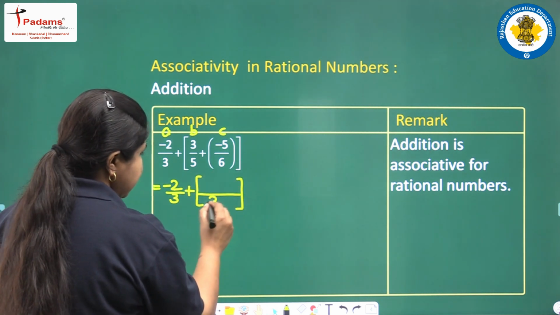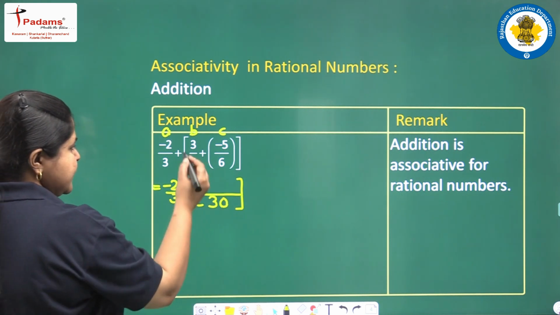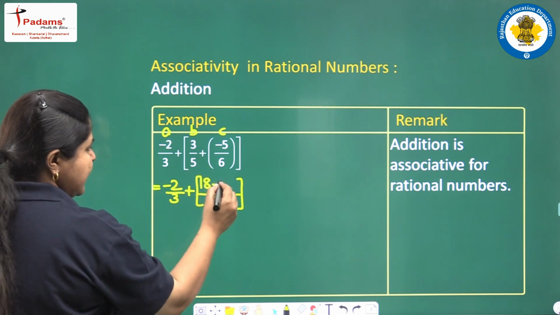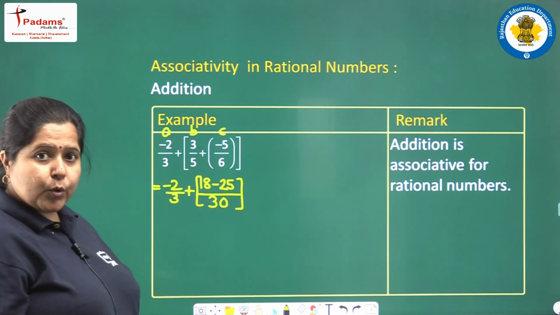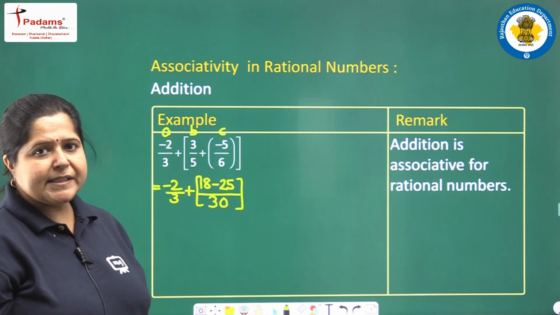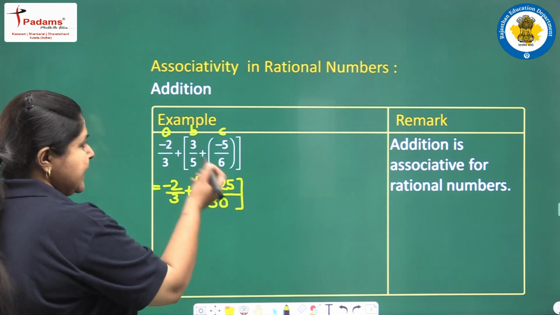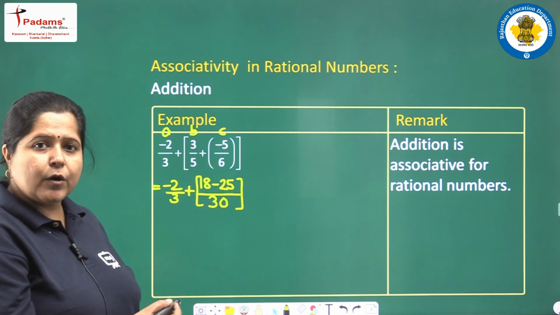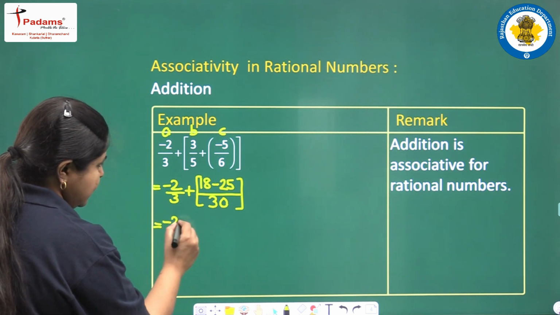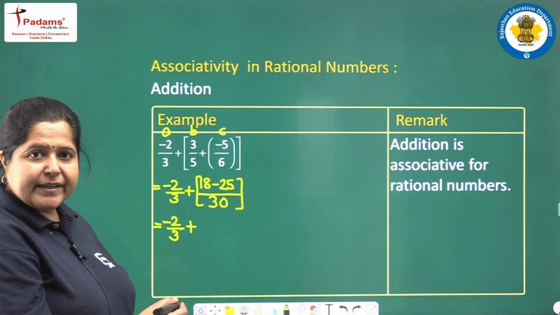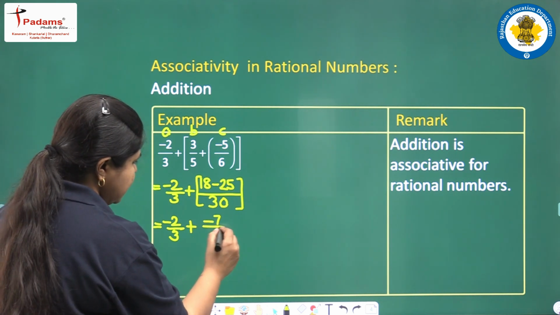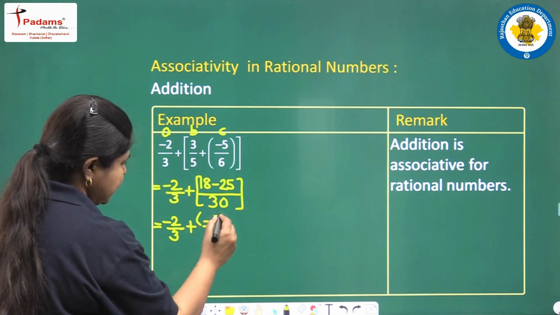So 5 sixes we get 30 is the LCM, 6 threes are 18, plus and minus will give minus, 5 fives are 25. I had told you earlier also, when the denominators are co-prime, we can just multiply and get the LCM, and then to get the numerator we can cross multiply. Next, minus 2 by 3 plus, what is 18 minus 25? Yes, minus 7. Minus 7 upon 30.